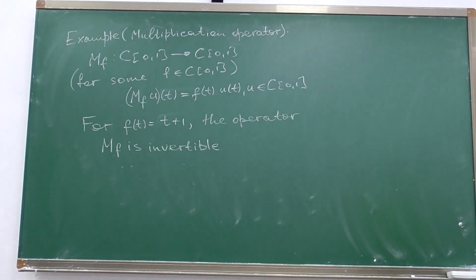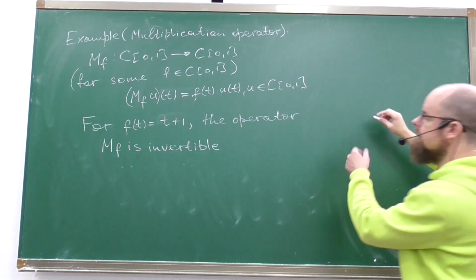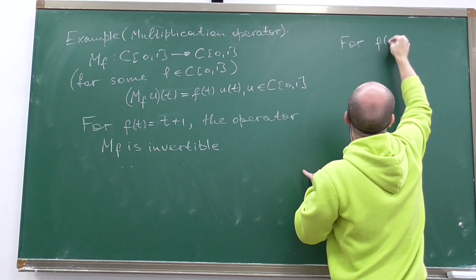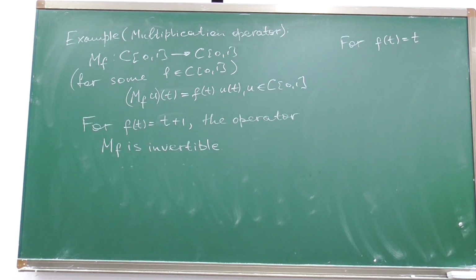So we have seen that before. And also, we have considered another multiplication operator, f of t equals t. And we discussed that we cannot write down the inverse of this operator as we did for that one. Well, there is a reason, because we cannot divide by 0. Having proved this result, we can deduce that this multiplication operator is not invertible.